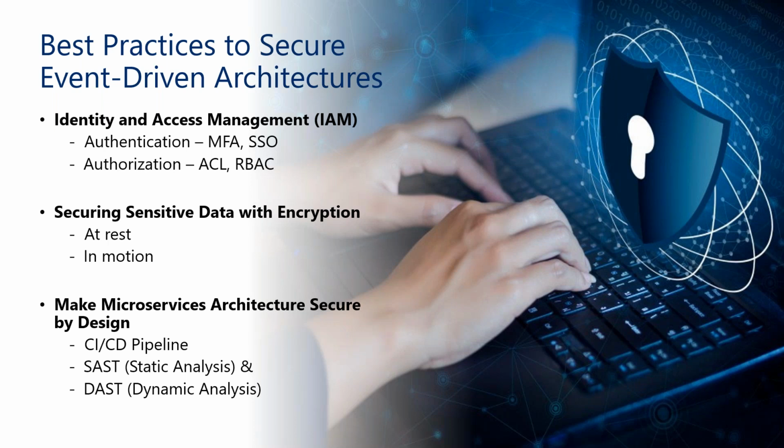Make microservices architecture secure by design. What do I mean by that? Microservices are small autonomous units that address individual functions and work with other components of an application. Operating these distributed components brings its own unique set of security requirements, because instead of a single entry point, microservices offer dozens or even hundreds of potential vulnerability points.